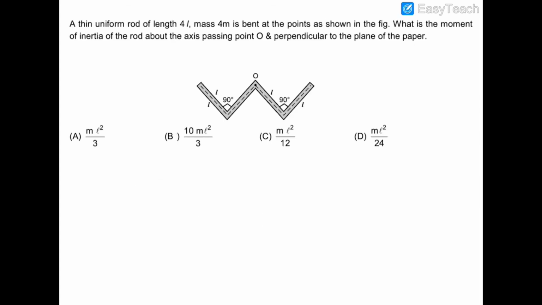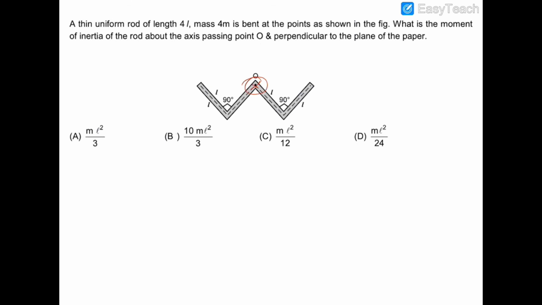In this question there is a thin rod of total length 4L and total mass 4m, which is bent in a form which is shown in the figure, and we have to find out the moment of inertia of this rod about an axis which is passing through point O, and it is also perpendicular to the plane, this axis.